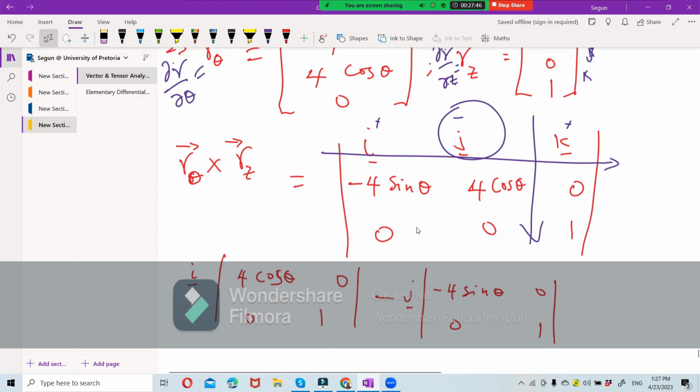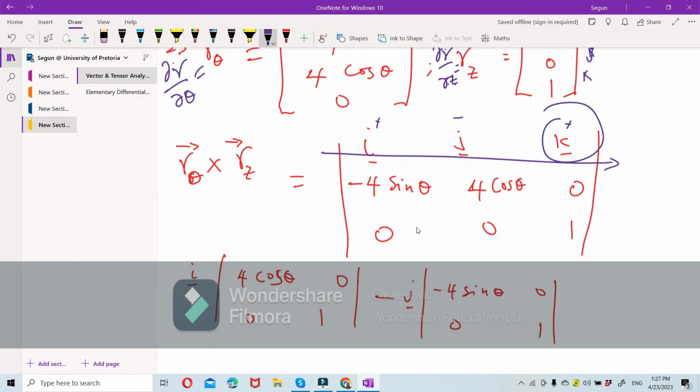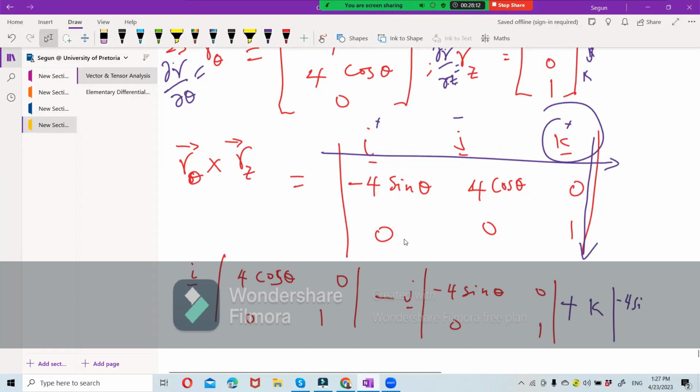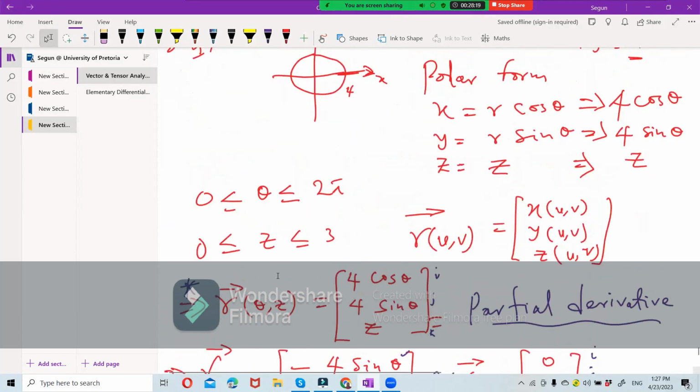You pick this and this, 0 and 1, you have this. Then you release the J, you pick K. Everything that belongs to K will be paralyzed. You now remain with plus K. What do you have when you cancel this? You have negative 4 sine theta, 0, 4 cos theta, sorry.